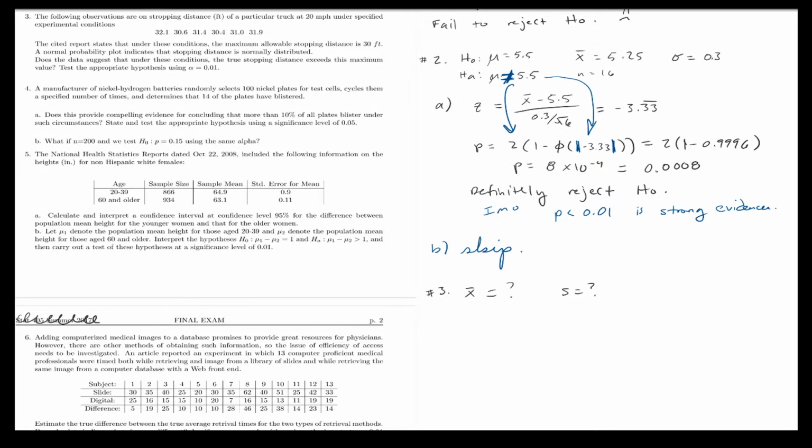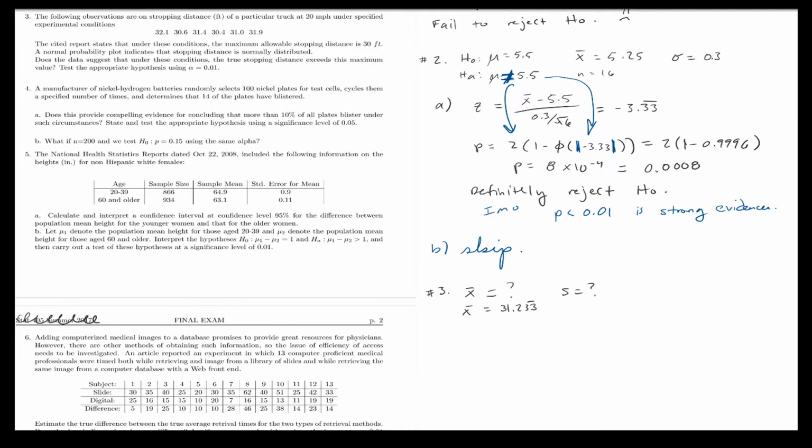So divided by 6, I get x bar equals 31.233 repeating, and I'll store that in a variable.